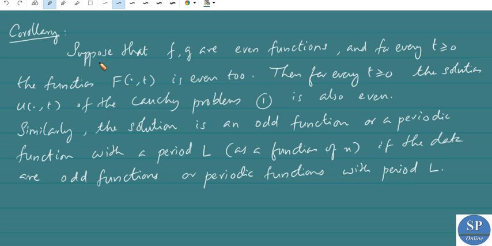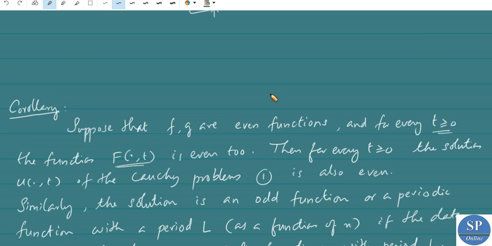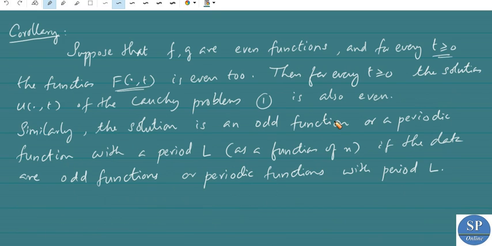So the statement of the corollary is: suppose that f, g are even functions, and for every t greater than or equal to 0, the function capital F is also even. Then for every t greater than or equal to 0, the solution u of the Cauchy problem 1 is also even.